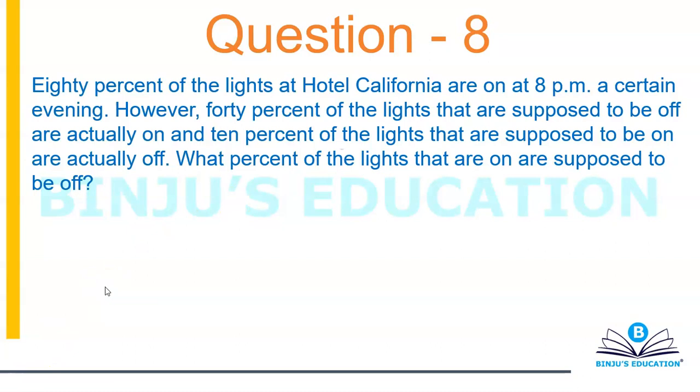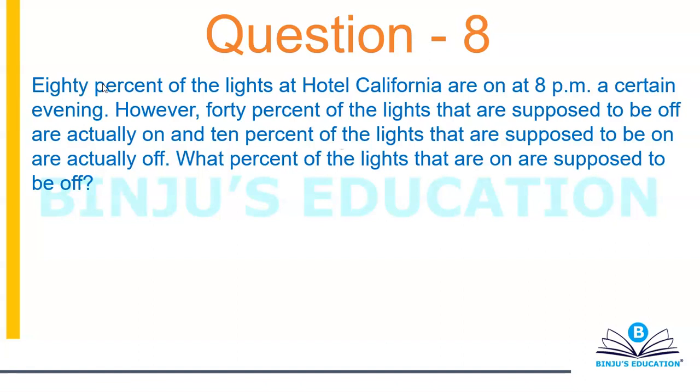Alright, so let's try this one. This one would have twisted your thought process, right? Alright, let's see what we can do. Let's read the question first of all. 80% of the lights at Hotel California are on at 8 p.m. a certain evening.